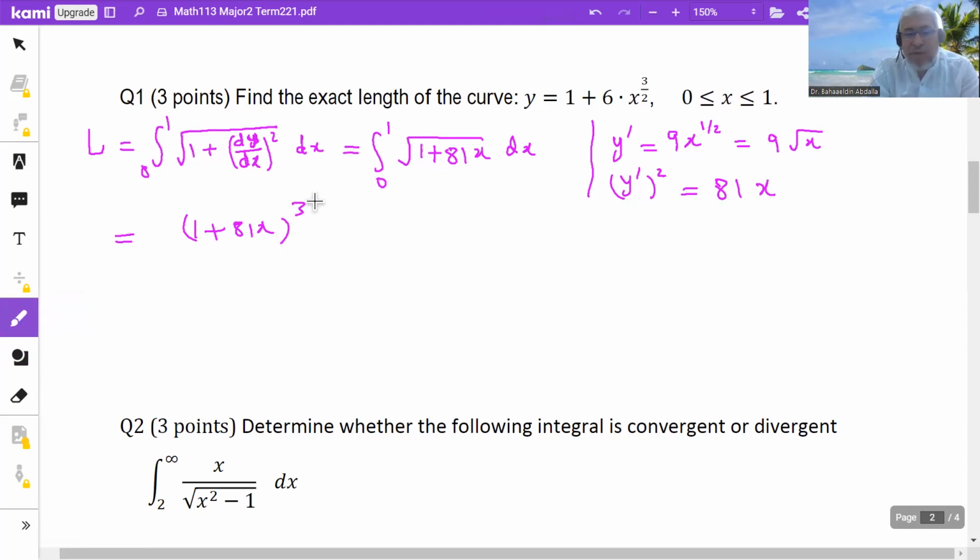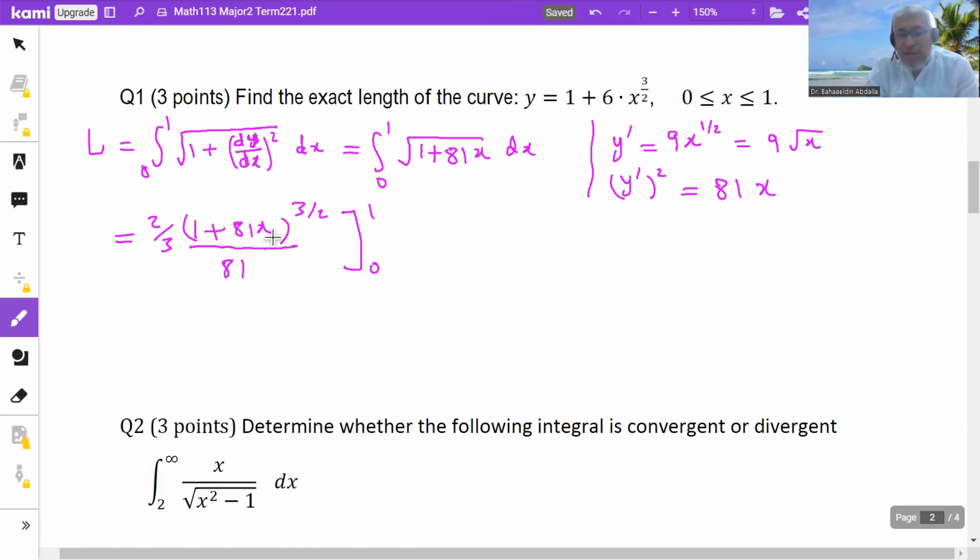You add 1, so you get 3 over 2, and then you divide by 3 over 2, or multiply by 2 over 3. And then you should divide by the derivative of the linear function. The derivative of 1 is 0, the derivative of 81x is 81. So that's the integral of the square root of 1 plus 81x from 0 to 1.